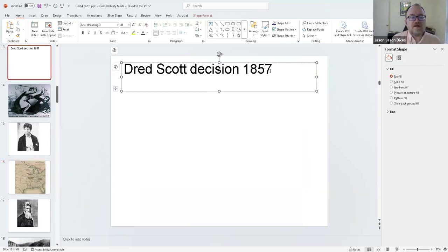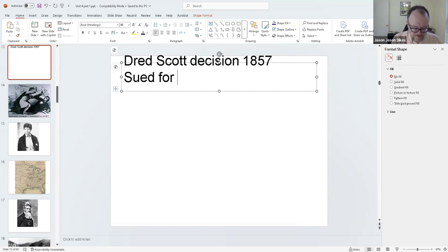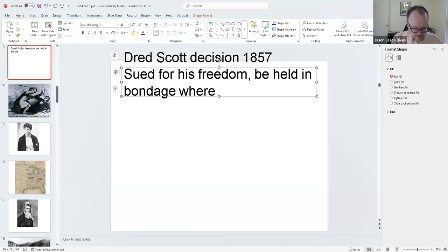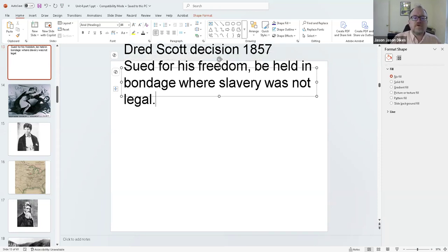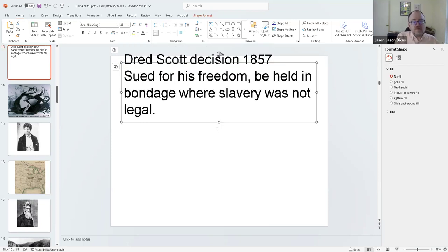So when his owner died, Scott sued for his freedom. He had been held in bondage where slavery was not legal. And he actually won his original court case in Missouri, and then he lost on appeal, and the case started bouncing its way up into the federal court system, federal appeals court, all that kind of stuff.